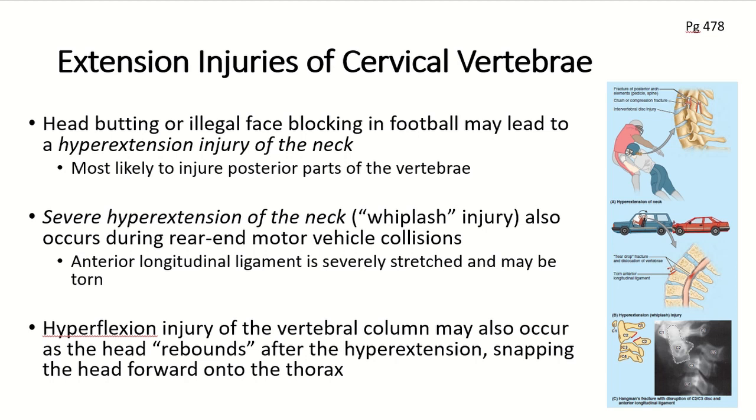Okay? Such violent hyperextension can lead to fractures, most likely of the cervical vertebrae, and this results in radiating pain to the back of the neck and scapular region, because those same spinal ganglia and spinal cord segments that receive pain impulses from the vertebra are also involved in supplying the neck muscles.